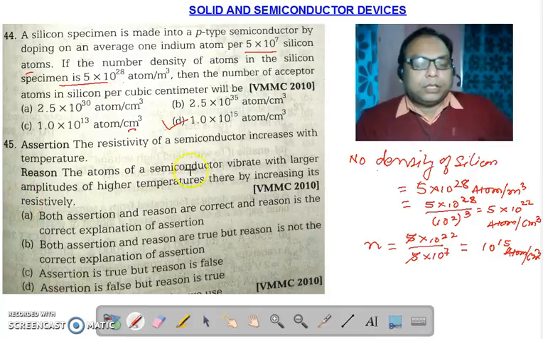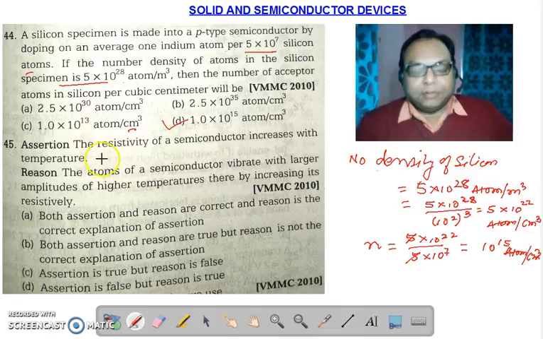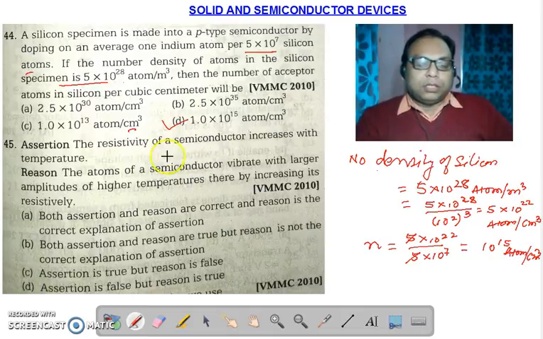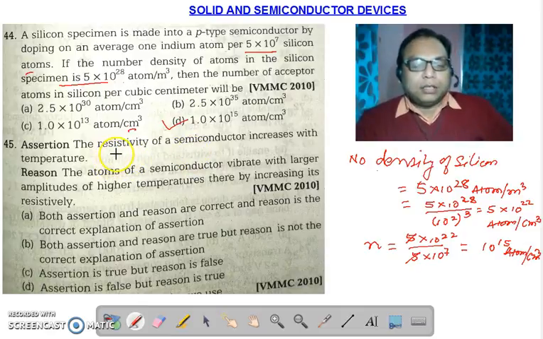So let's see question number 15. This is the assertion reasoning. Assertion: the resistivity of a semiconductor increases with the temperature. No, it will decrease. It will not increase. When we increase the temperature, obviously more free electrons start moving, conductivity will increase, and resistivity will decrease.